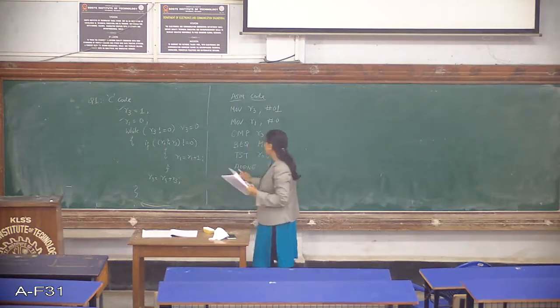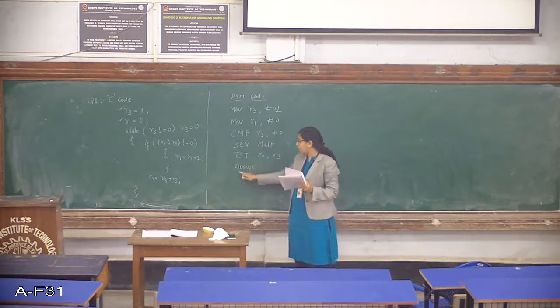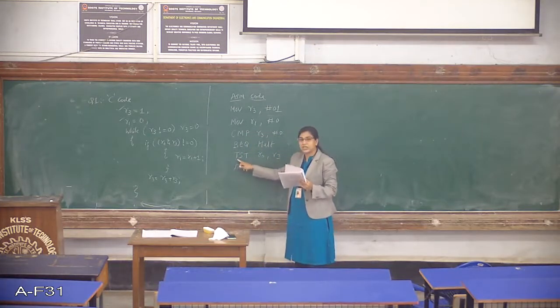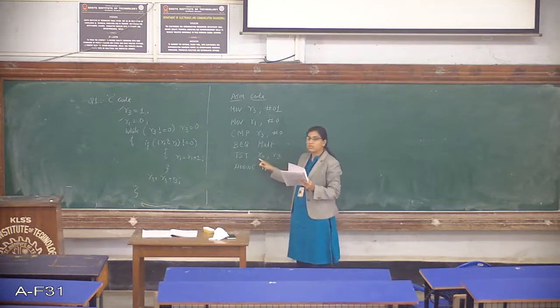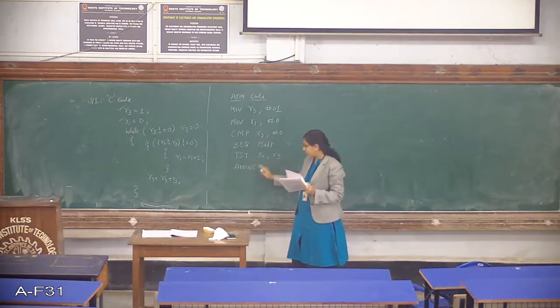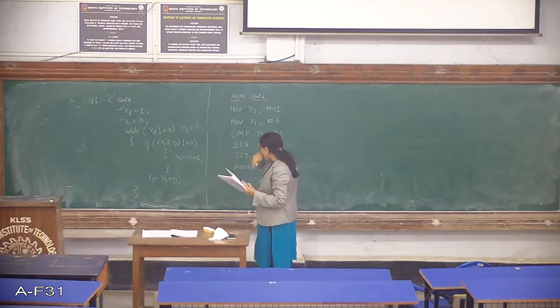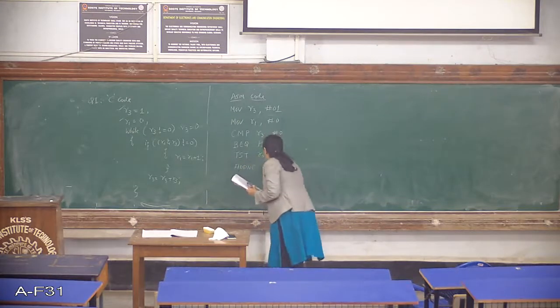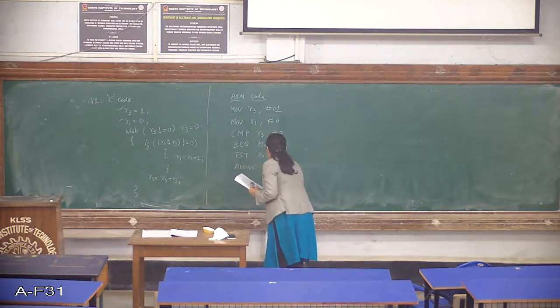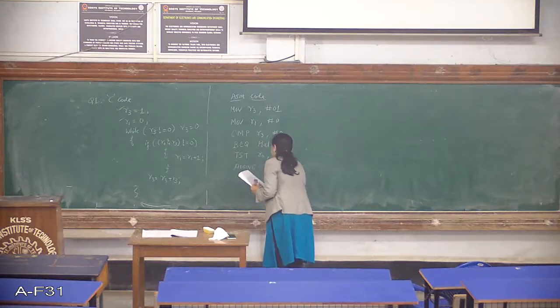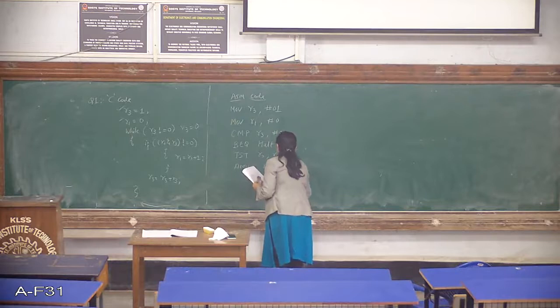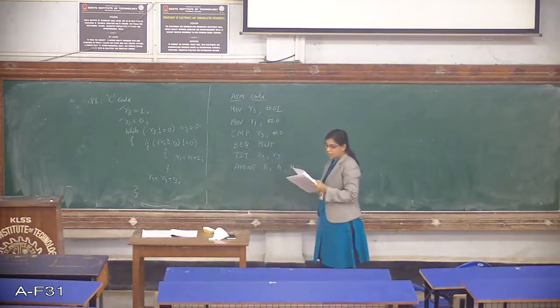I can give a conditional instruction here, that is add only if the previous instruction gave a not equal to 0 condition. So with ADDNE you'll be adding and storing the result in R1: ADDNE R1, R1, #1. So this is what you'll be doing here.